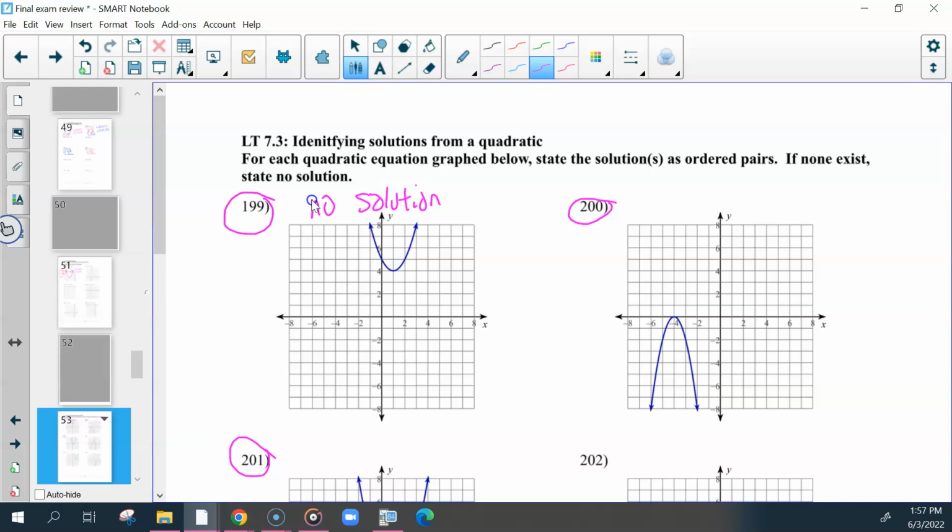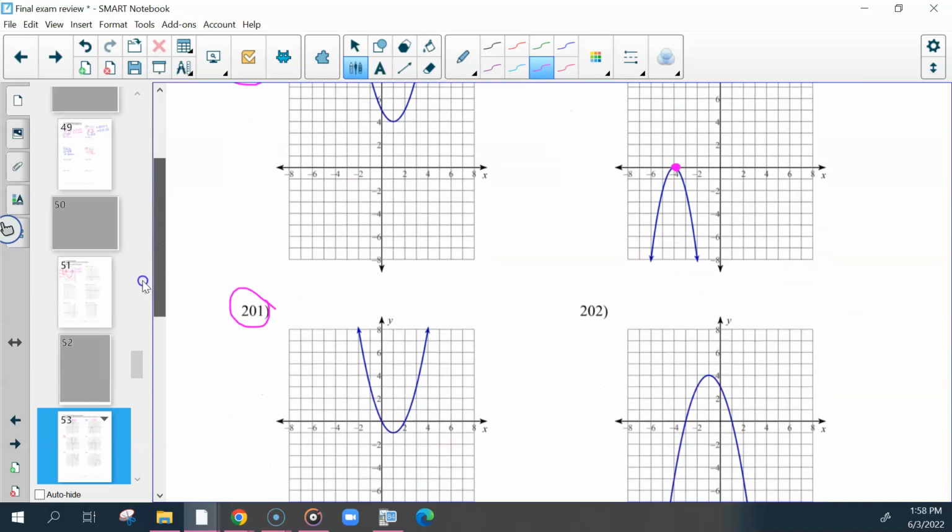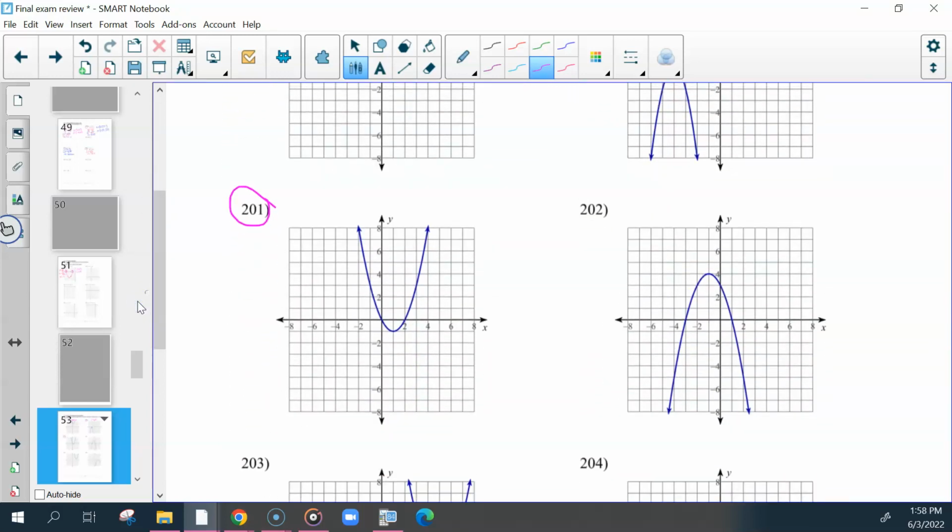This one touches your x-axis once, so that would be 1 solution at negative 4, 0. And then 201 crosses your x-axis twice at the points 0, 0, and 2, 0. You can have 1, none, or 2.